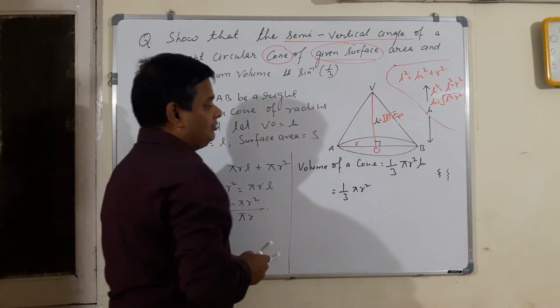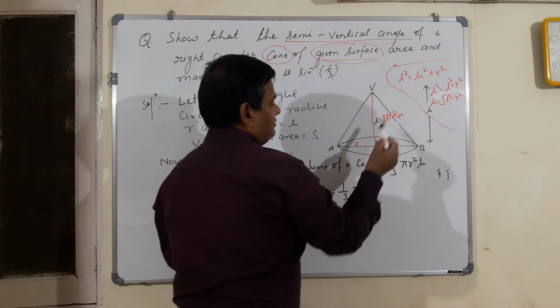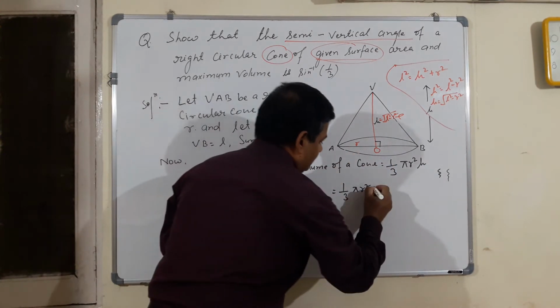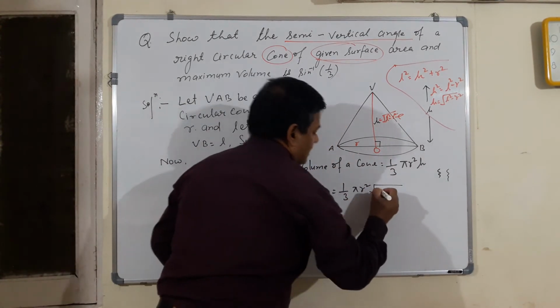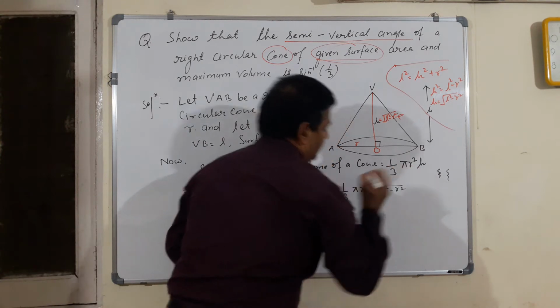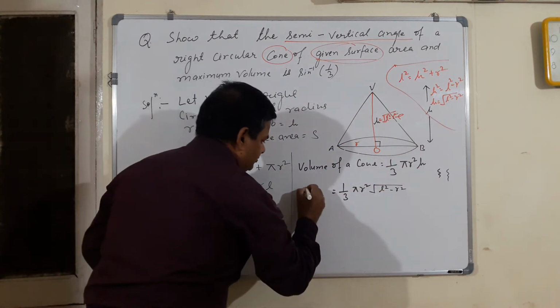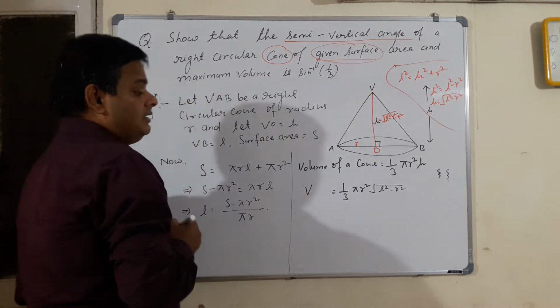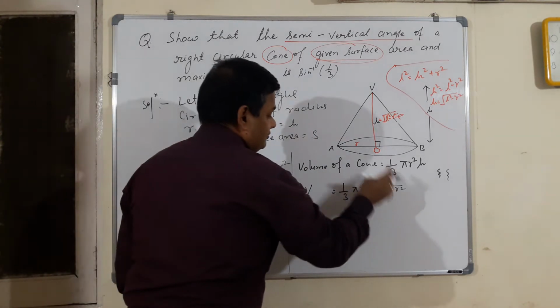So put the value of H in the volume V. Now we have to remove the square root here.